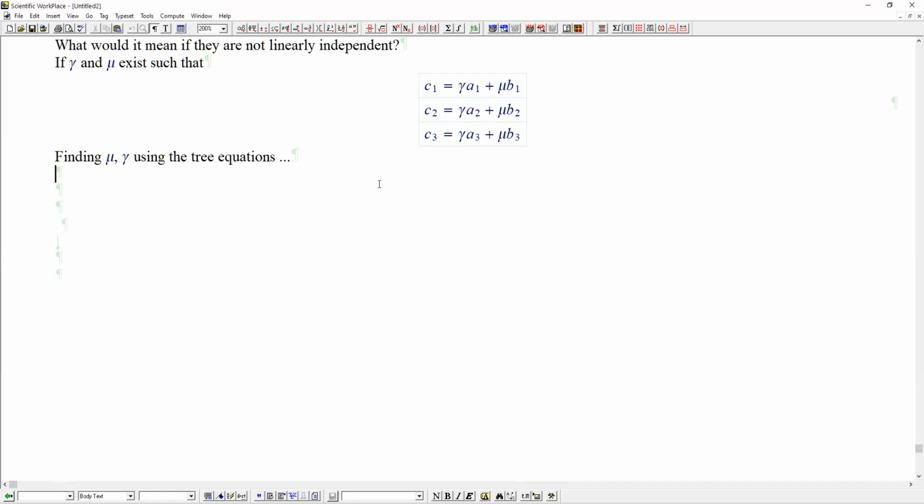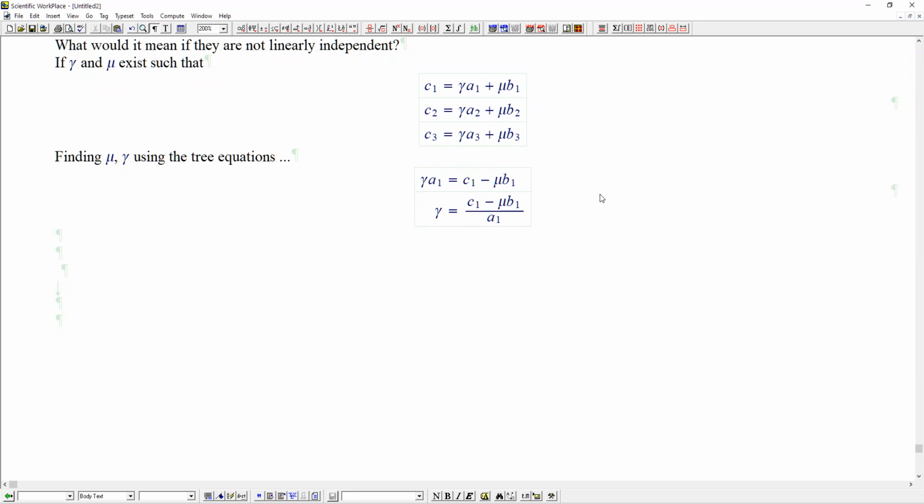So for instance, you want a solution for gamma, so you find that gamma A1 equals C1 minus UB1. So I just added UB1 on both sides, and then you find that gamma equals this.